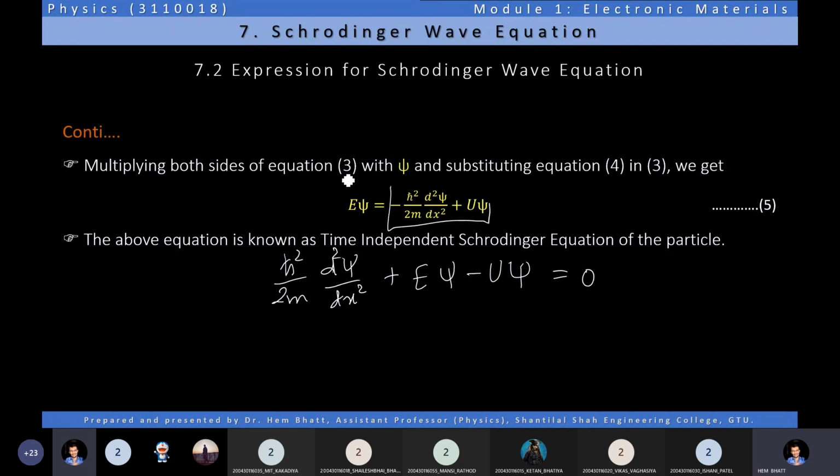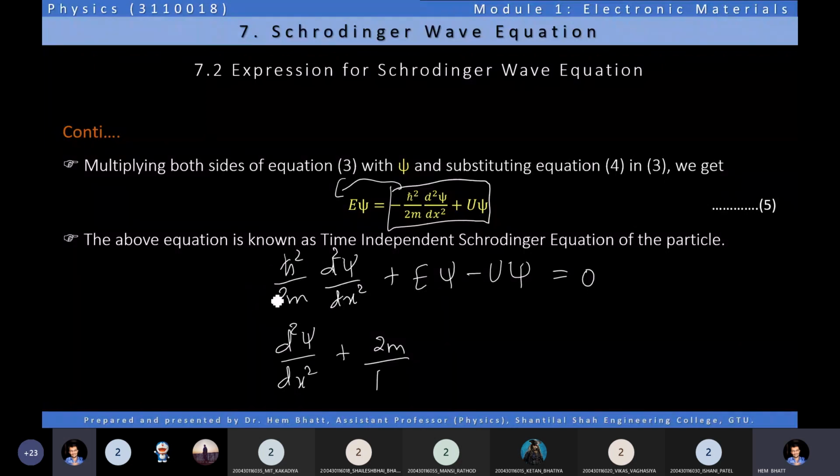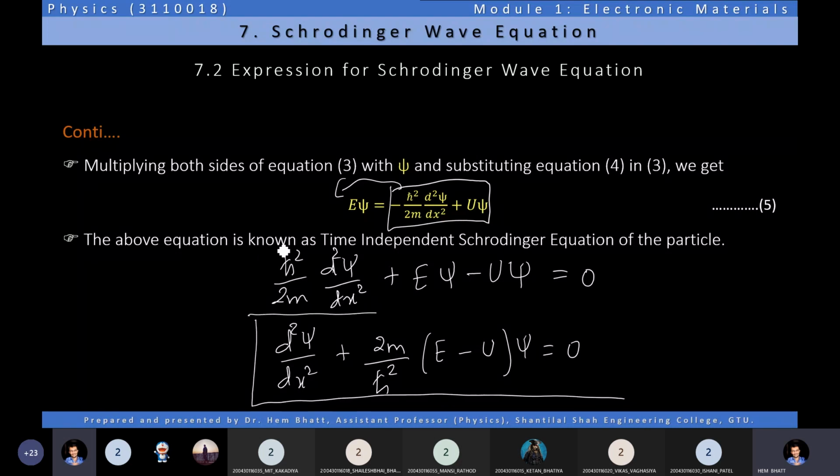I have just taken these two terms on the other side. So now if I multiply all the terms with 2m by h cut square, what I get is d2 psi by dx square plus 2m by h cut square into (e minus u) into psi is equal to 0. This is more popular form of the Schrodinger wave equation, which is slightly different than fifth one look wise, otherwise both are same.